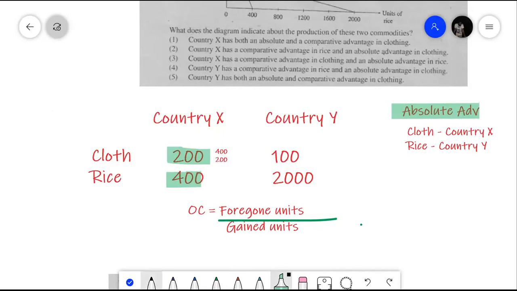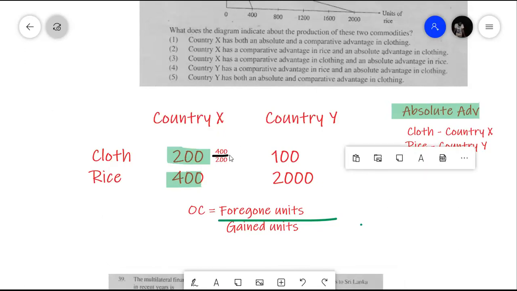So it's 400 divided by 200. How much do you get? Their opportunity cost of producing 1 unit of cloth is, in very simple terms, 2 units of rice. So the opportunity cost of country X to produce 1 unit of cloth is 2 units of rice. They have to sacrifice 2 units of rice.